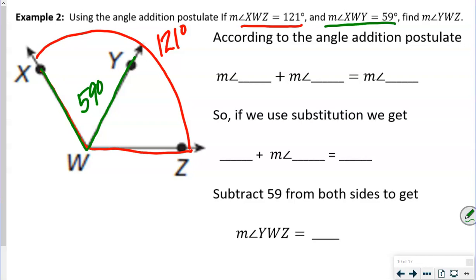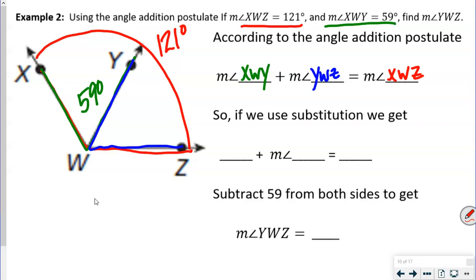So notice that when we take the measure of the two angles, because it's asking us to find YWZ, right? So it's actually asking us to find this over here, okay? So what we want to do then is take those angles and add them together. So that means we're going to take the measure of XWY plus the measure of YWZ. And hopefully you guys can all see that that's equal to the whole big angle, right? Which would be XWZ. Okay?